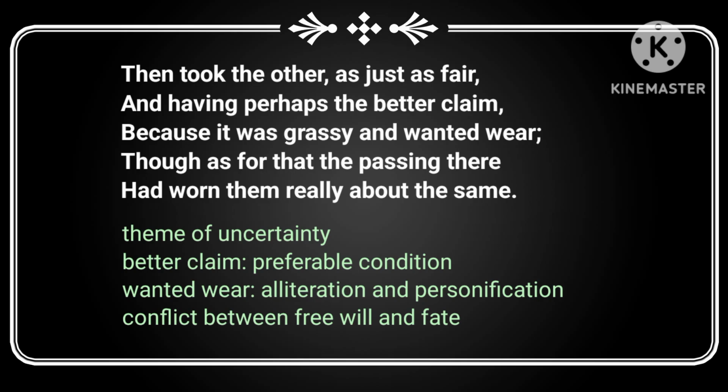It was about the same. The speaker does not say that it was the same. It was about. So there is something uncertain. The speaker says that both the paths appeared the same and both the roads wanted wear. However, as a single traveler, the speaker chose the second grassy path.